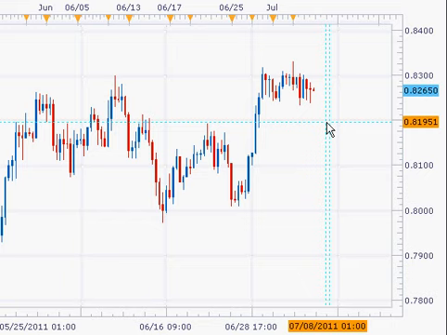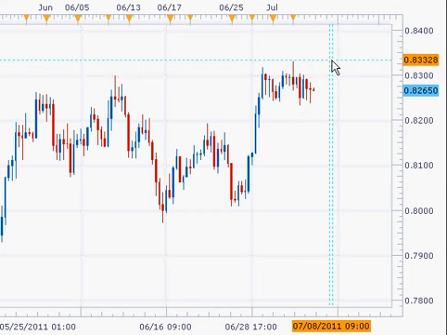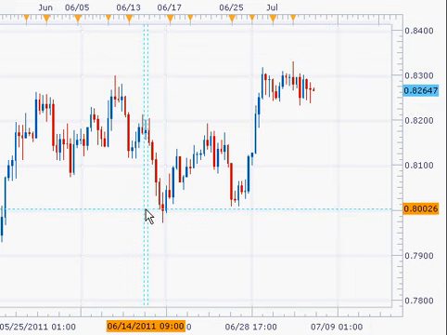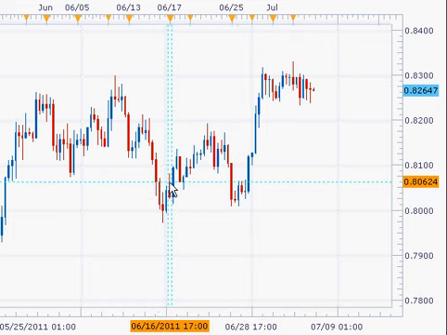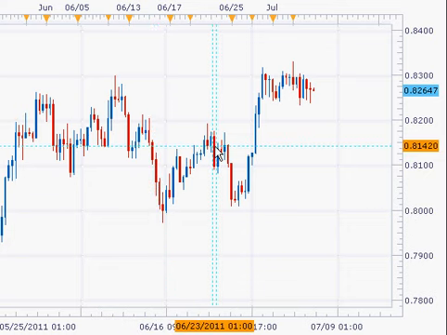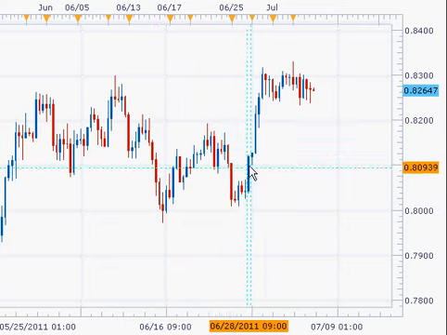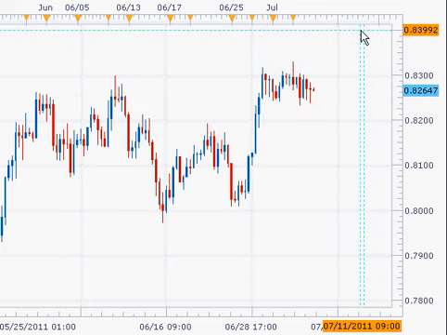We could see a drop back to 82, but I think it's more likely we'll see a movement to the upside after this event risk comes out. And this is really more terminal than I believe the Australian US dollar pattern is. I think we're already in our final leg here. We get 1, 2, 3, 4, and 5 may take us to 85 or just short in that area somewhere.